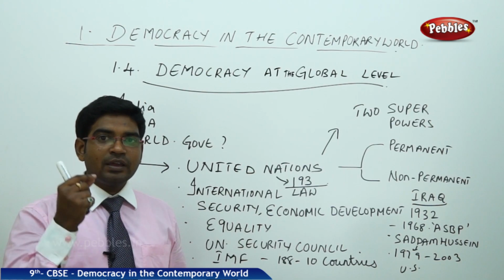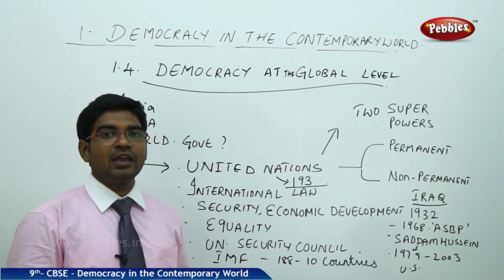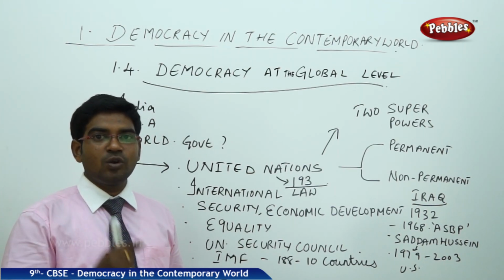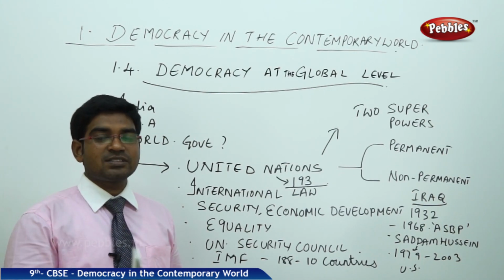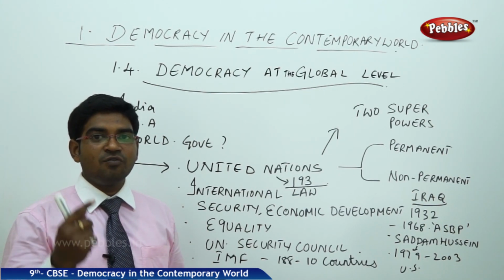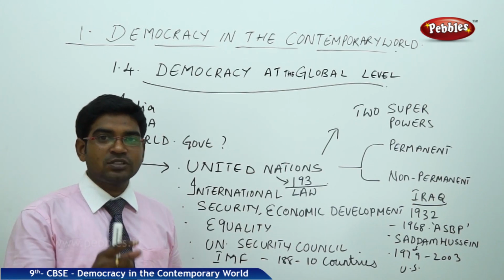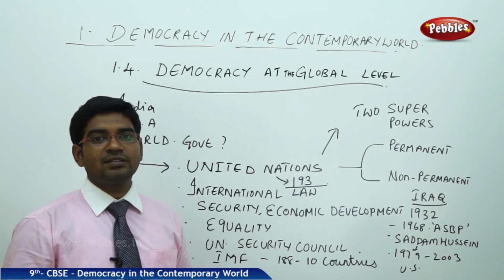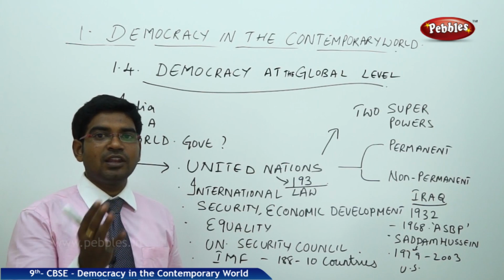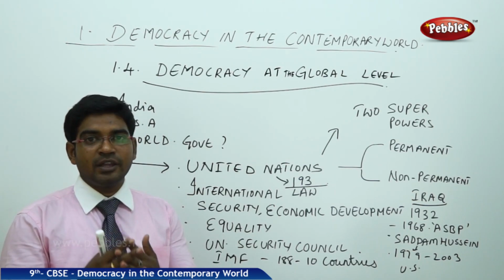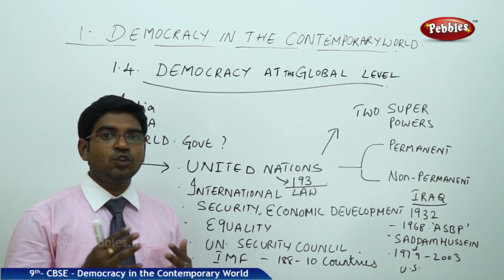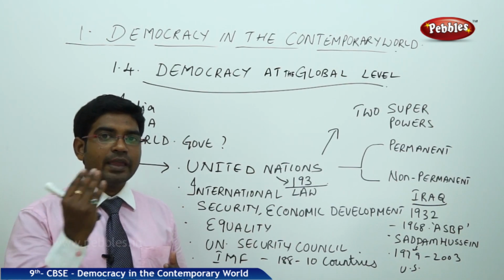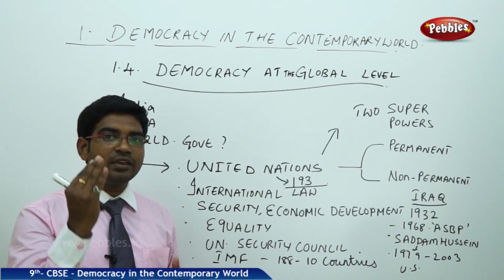We need to create awareness among the people and then ask them to revolt against the existing system so that the system would change, rather than waging a war, forcing the people and killing hundreds and hundreds of soldiers, and finally saying that we are establishing democracy. That's the reason why the UN has stated that the US attack on Iraq is completely illegal.